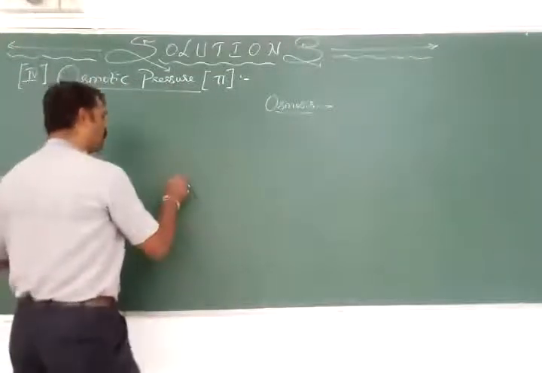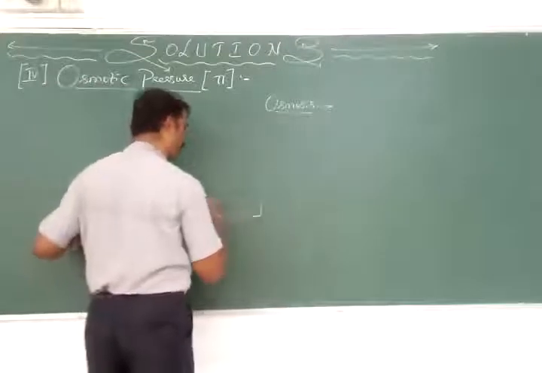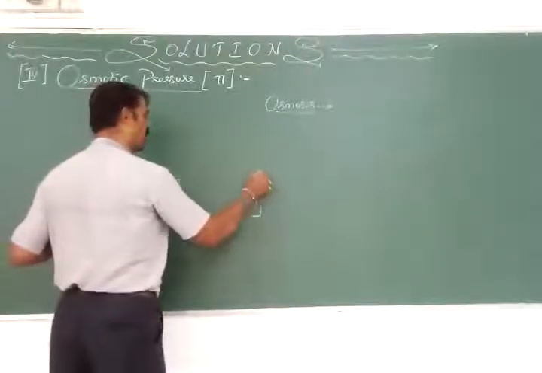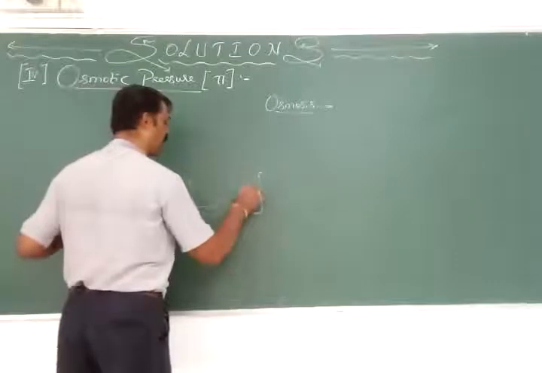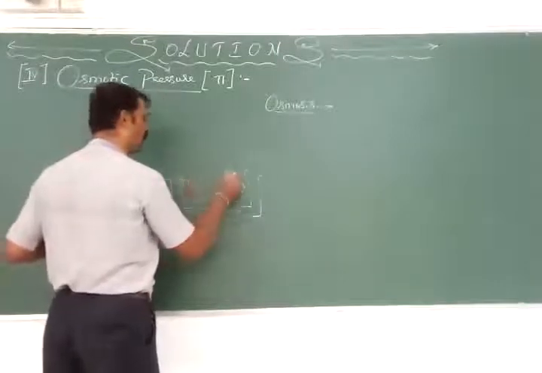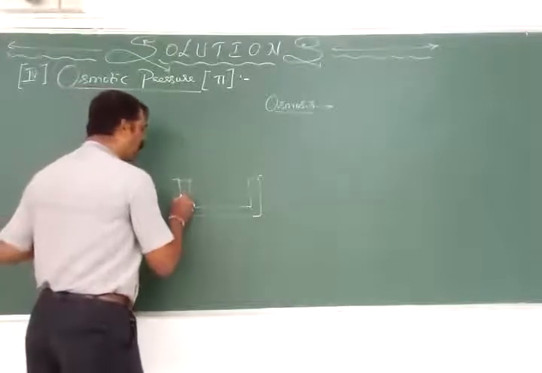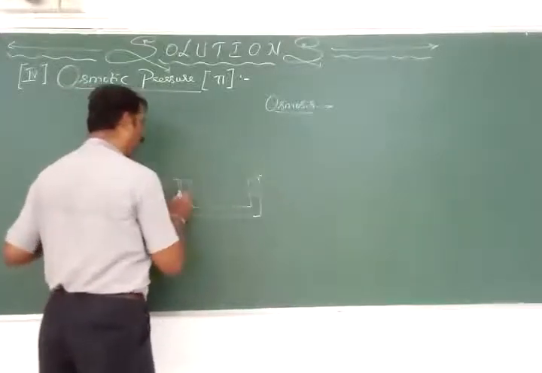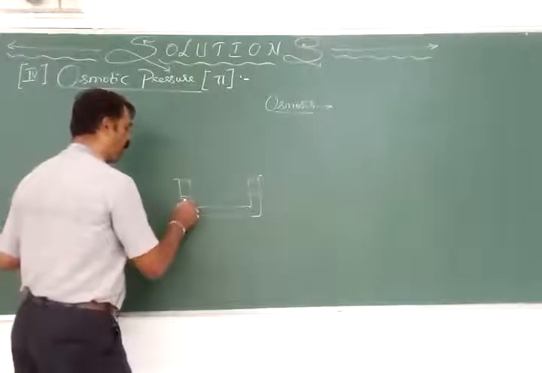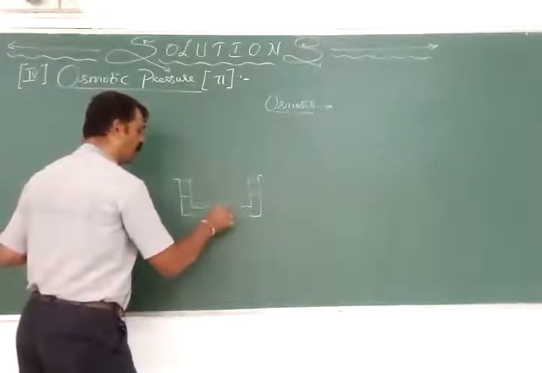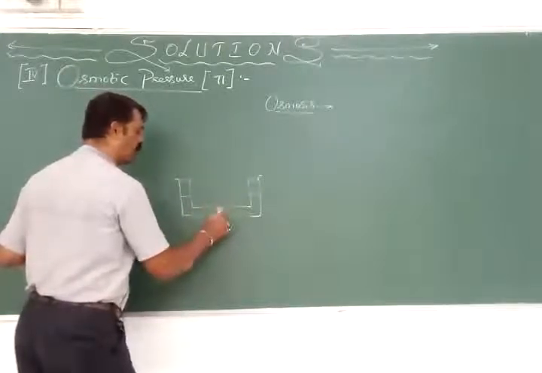Suppose I take a glass container, a U-shaped glass container. The two limbs are filled with two different solvents, which are separated by a semi-permeable membrane. This is called SPM.